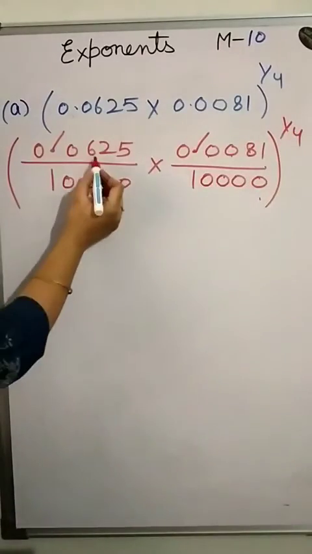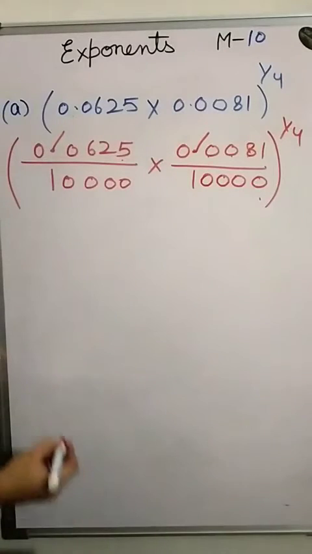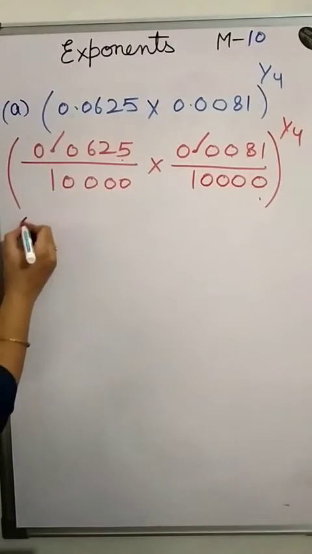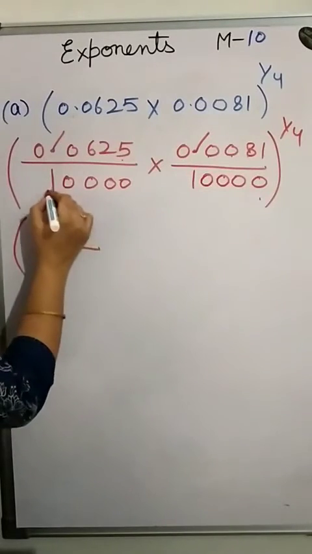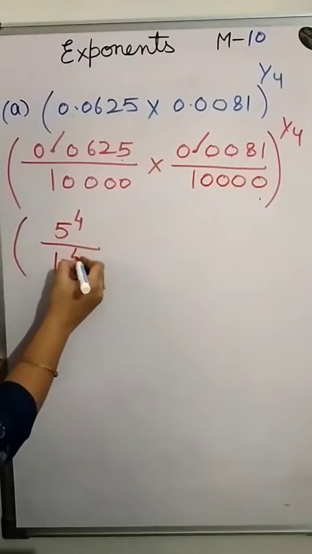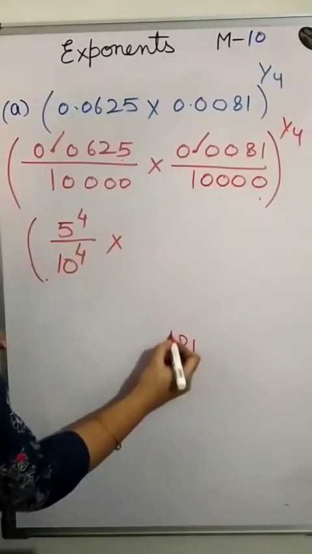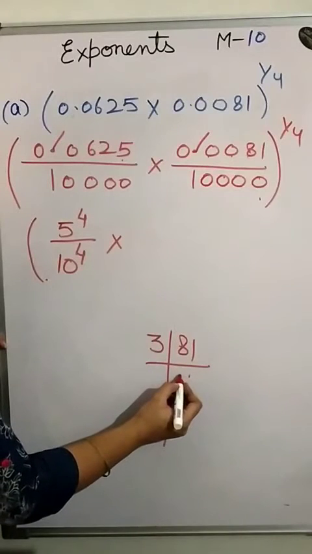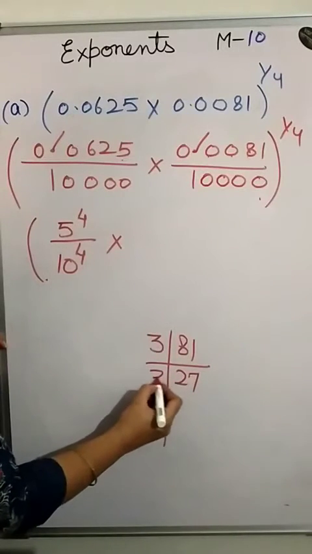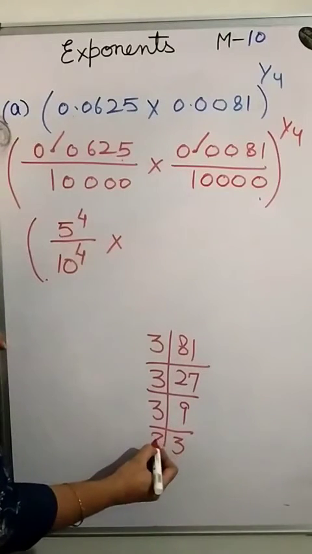So here only 625 is left, and here 81 is left. So how can we write this one? This one is 5 to the power 4, over 10 to the power 4. It is 81. Find out its factorization: 3, 27, 9s and 3s and 1.